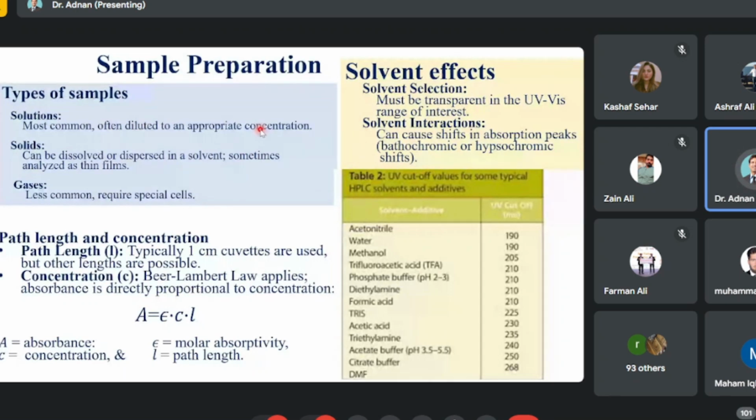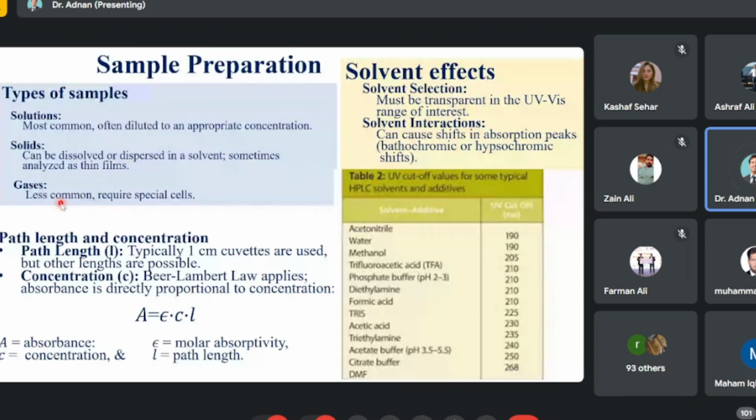You can also analyze solid samples that can be dissolved or dispersed in a solvent, so that will once again be in the form of a solution. Sometimes you can analyze a thin film if the light passes through the sample. Gases can also be analyzed, but that requires a special chamber, and it is very uncommon. That's why in practice, gases are mostly not analyzed with UV visible.